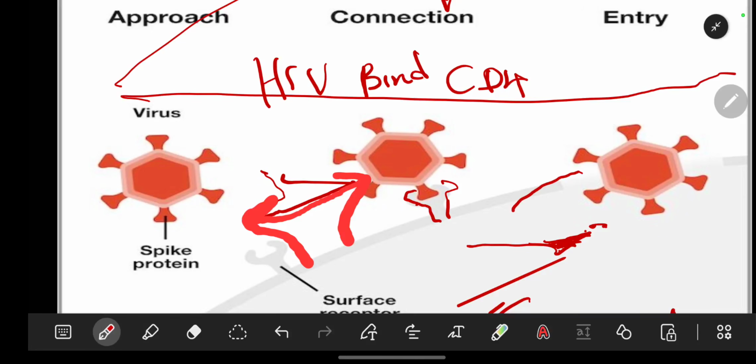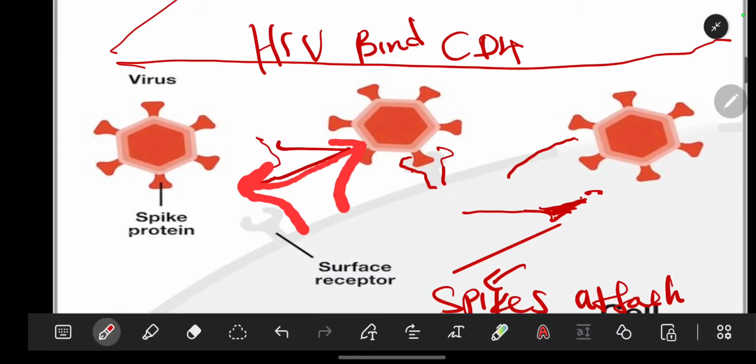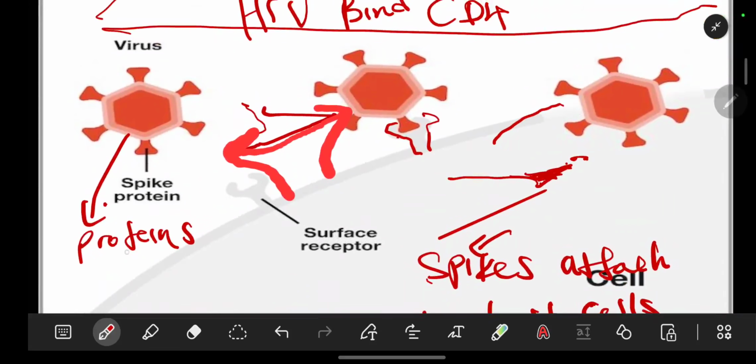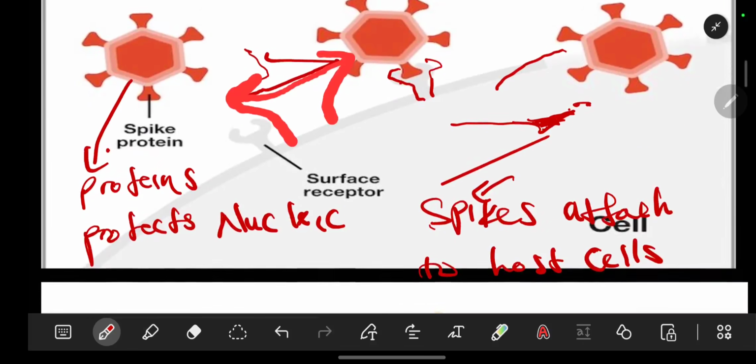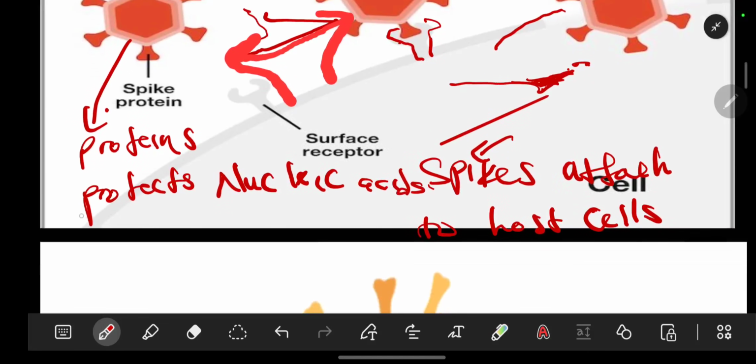Basically the function of the protein coat, we have said that it protects the nucleic acids, which can either be DNA or RNA. That's the function of this protein capsid.